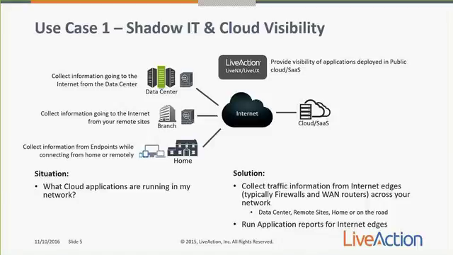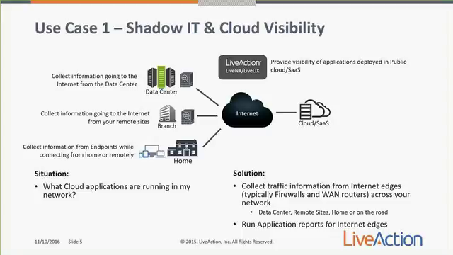So use case number 1 is shadow IT and cloud visibility. What's the situation now? Well, with all these cloud applications that are running in my network, what are those cloud applications? Who deployed various new applications in my network, maybe without me knowing? The solution? Take advantage of Live Action's LiveNX and LiveUX products to really collect information from the internet edges.